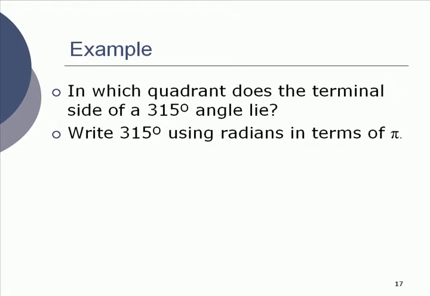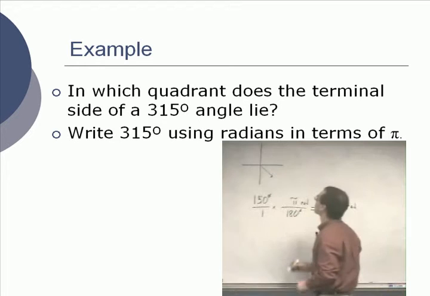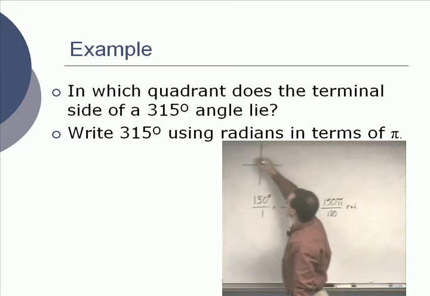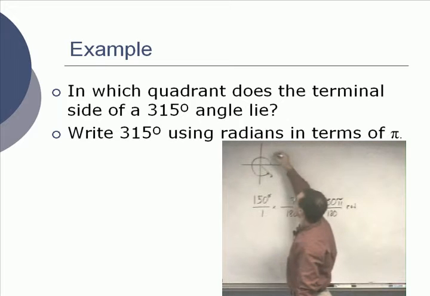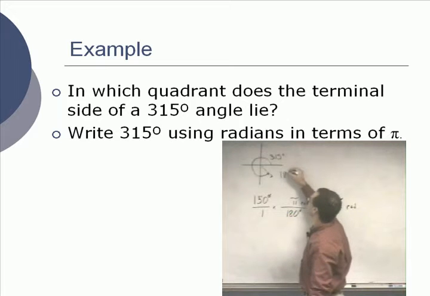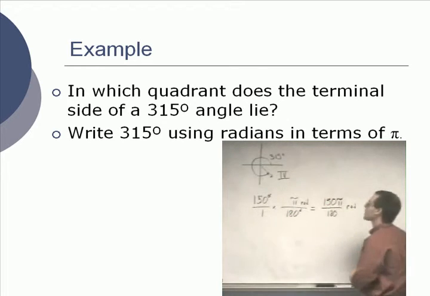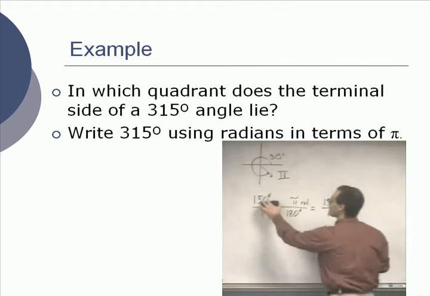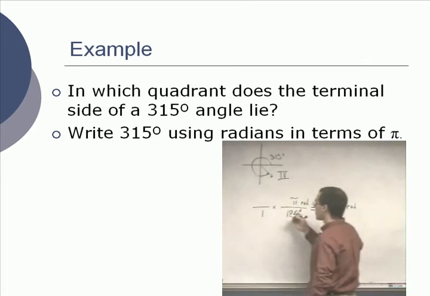Let's do another one. 315 degrees. 315 degrees is between 270 and 360, which means we are in, I guess we did this one before when I was making up examples. That puts us in quadrant 4. Now let's perform the conversion here.